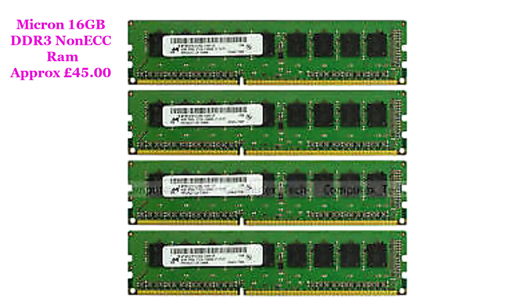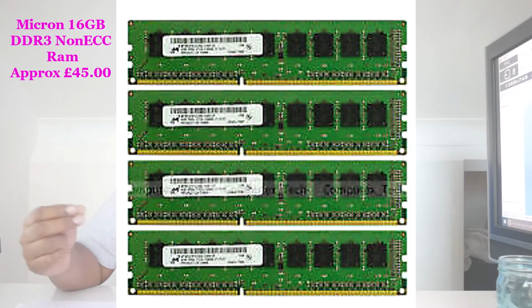Now you can purchase the super gaming RAM like Kingston Fury or Corsair Vengeance, but I don't think that's necessary. I'm going to go for the 16 gig DDR3 RAM, non-ECC, non-error correction, which is slightly faster than the ECC, which is used for servers and in big companies where it's vital that data doesn't get lost, but that makes it a bit slower.